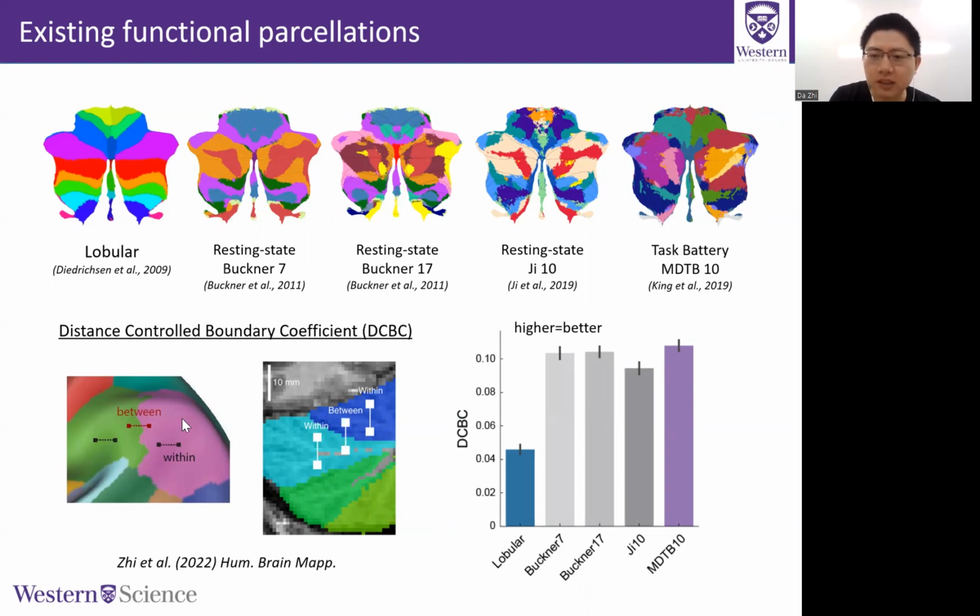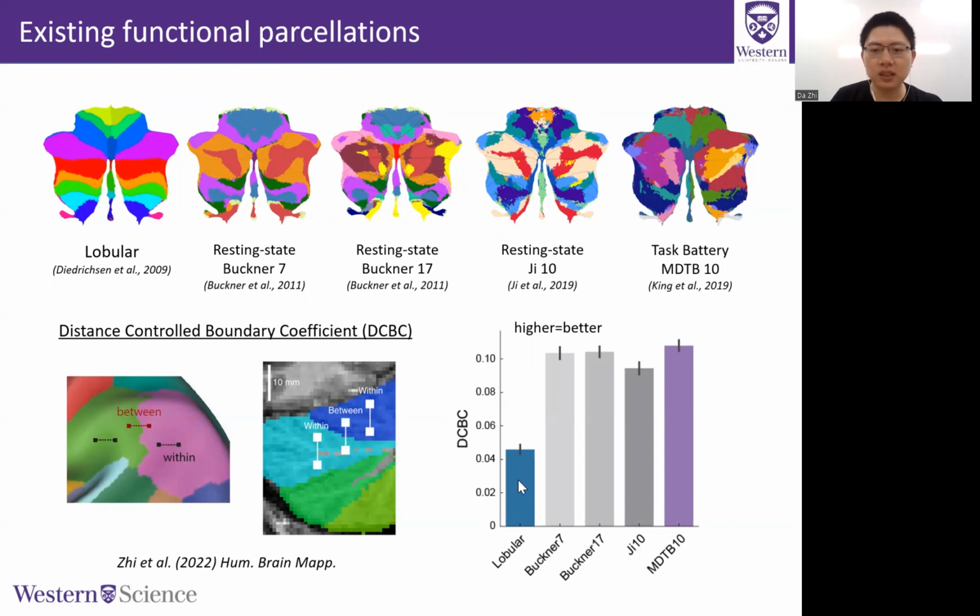The idea of this evaluation assumes that if there's a true boundary, then the functional responses of two voxels assigned to the same parcel should have higher correlation than two voxel pairs at the same distance assigned to different parcels. If there are no boundaries at all, or a random parcellation, the coefficient should be 0.